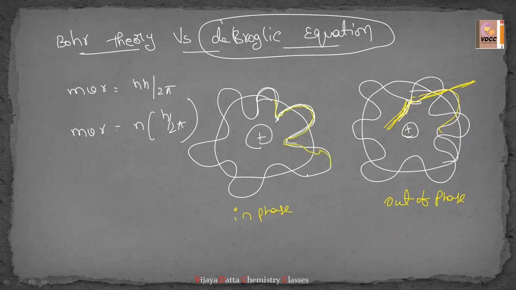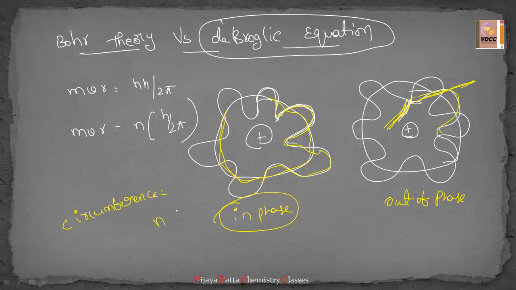Then we can consider that the circumference of the circle, where the electron is revolving, equals a whole number multiple of the wavelength of the electron. The whole number multiple is the quantum number n, 1, 2, 3, 4 like that.